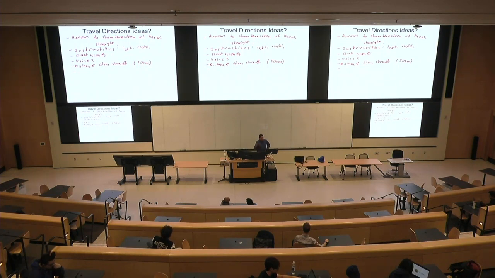So there are more things you could put in. Let's say we start at a certain intersection, and we're going to a certain intersection, and I say go on Yonge Street.